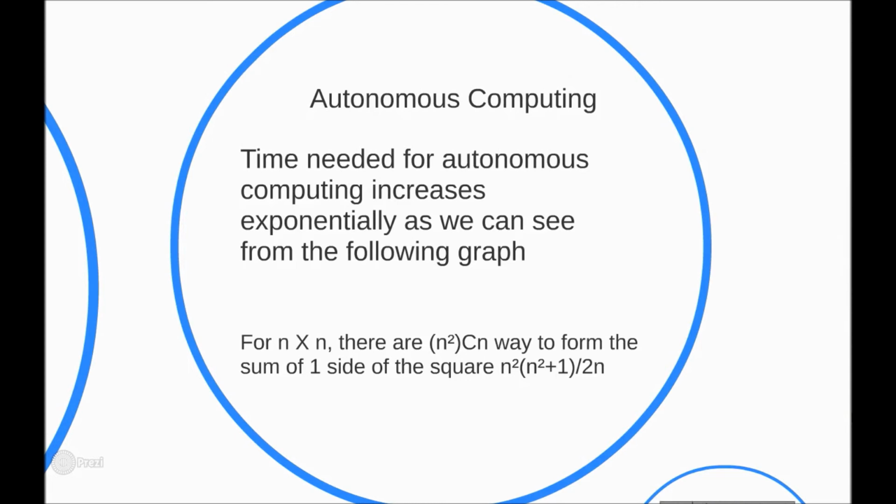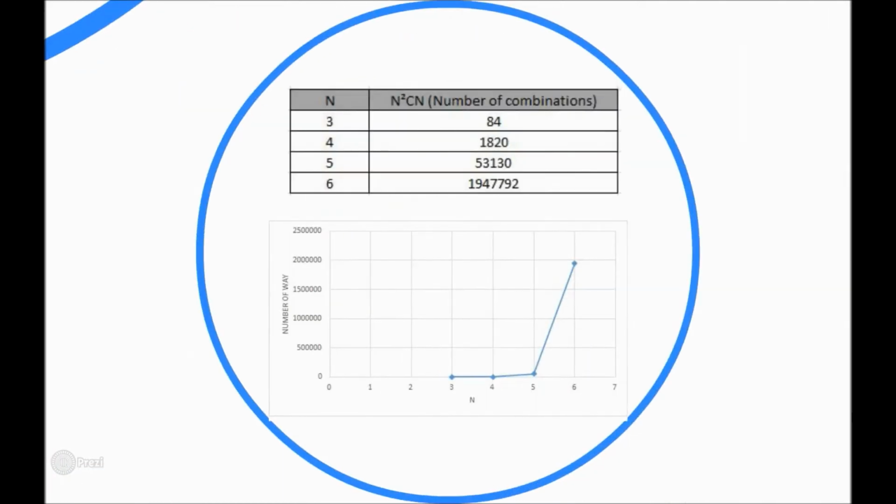This is the table of n and number of combinations. From this table, we can draw the graph. As n increases, the number of combinations increases exponentially.